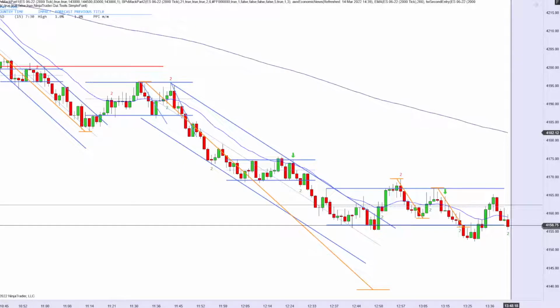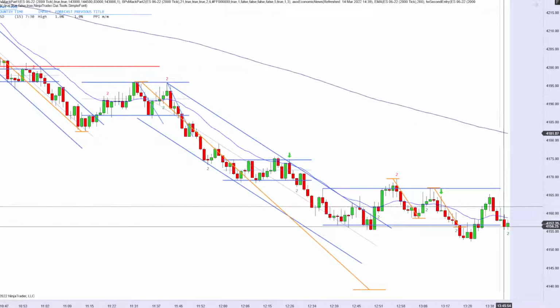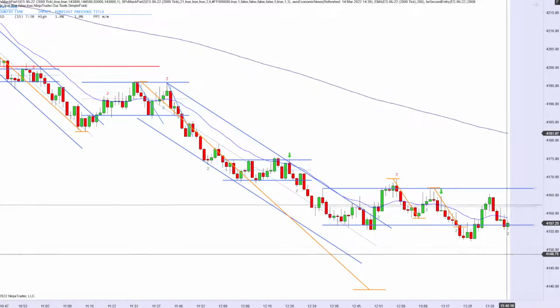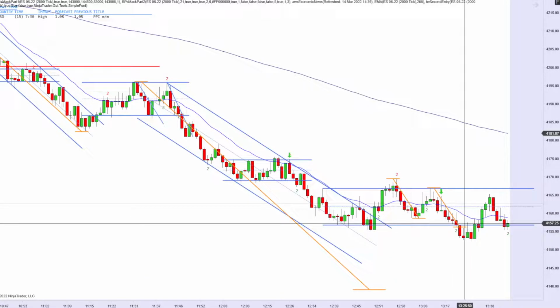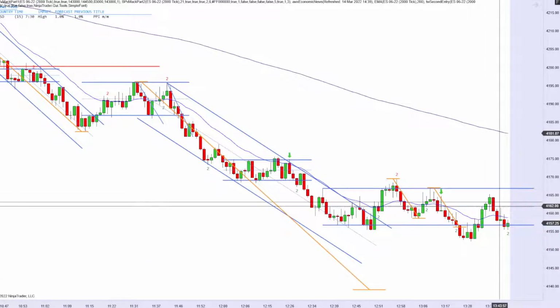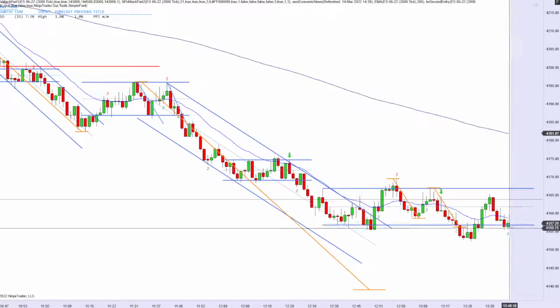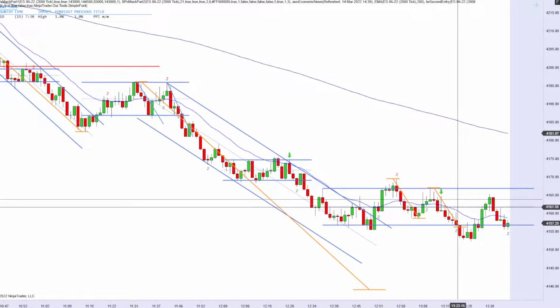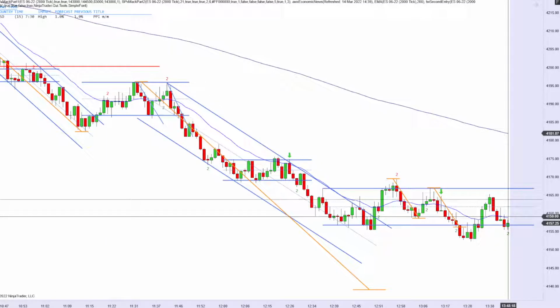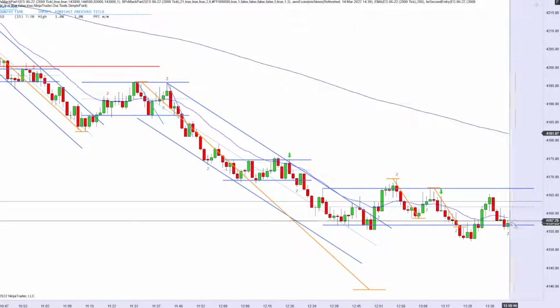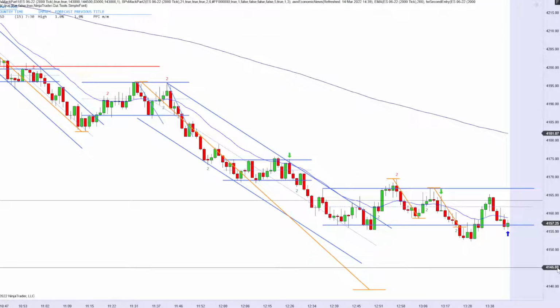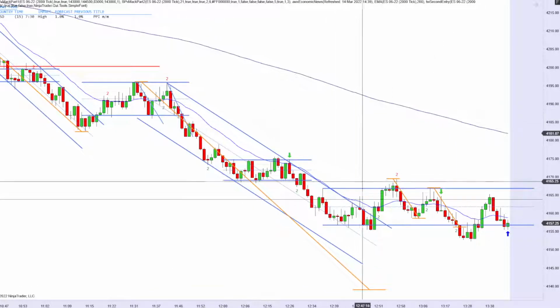First entry short. We also have a new high, first entry long, second. Okay, we have new high, first entry long, second entry long at the bottom of this trading range. This is where I would consider going long here. I'll explain why in a second. Downtrend has played out already.